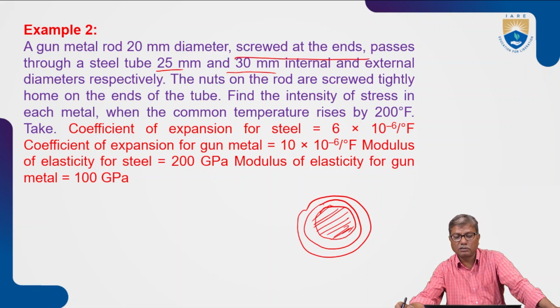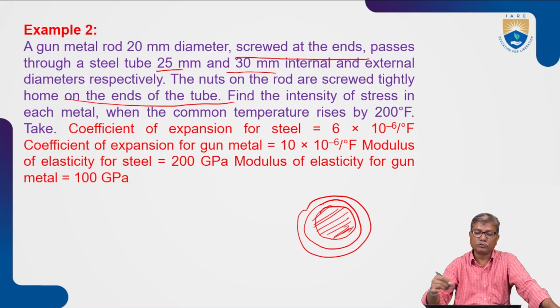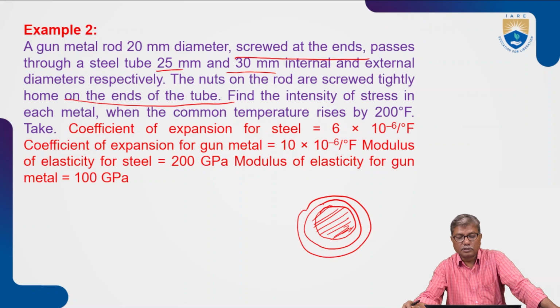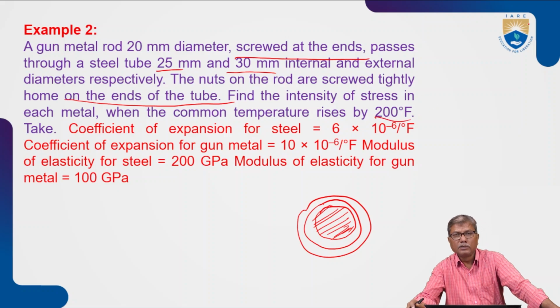Okay, the nuts on the rod are screwed tightly home on the ends of the tube. Okay, that means they are rigidly fixed at the ends. Now they both are subjected to a temperature rise of 200 degree Fahrenheit. What will be the stress intensity in each of the materials? Okay, that you need to find.